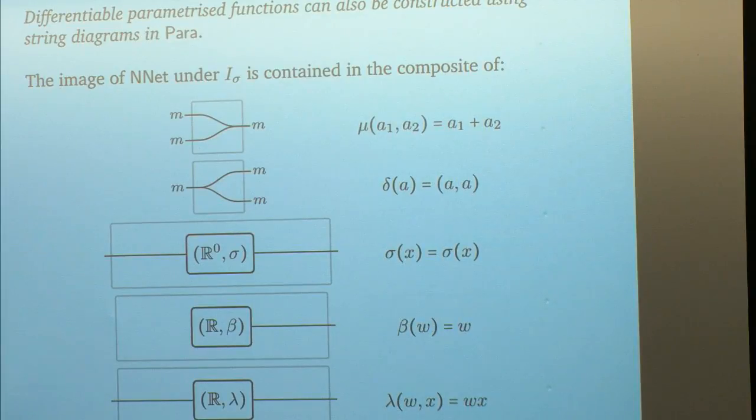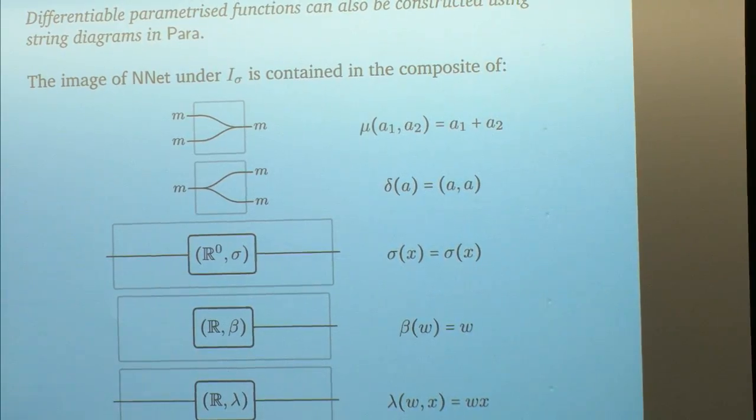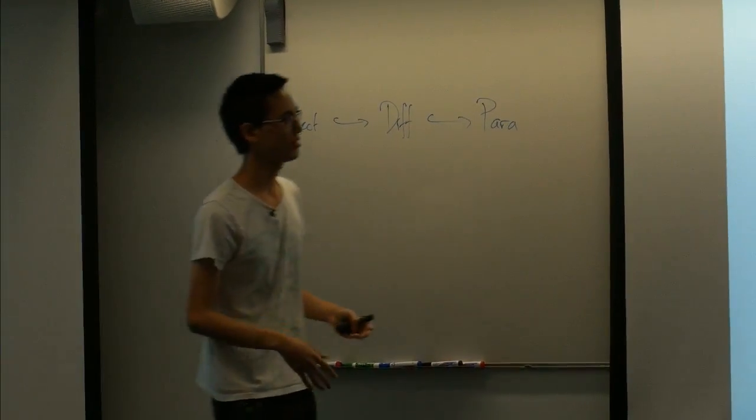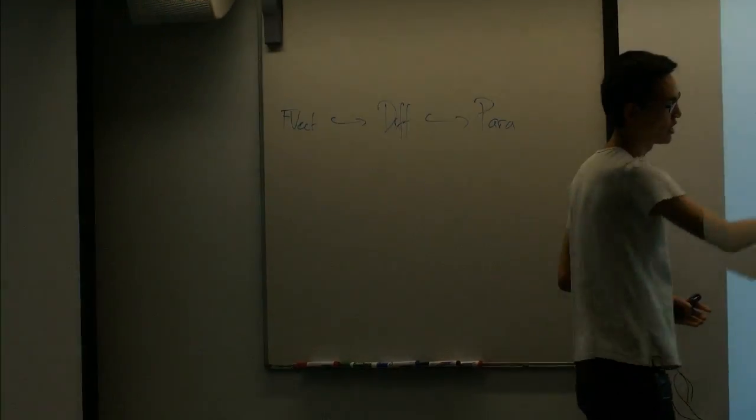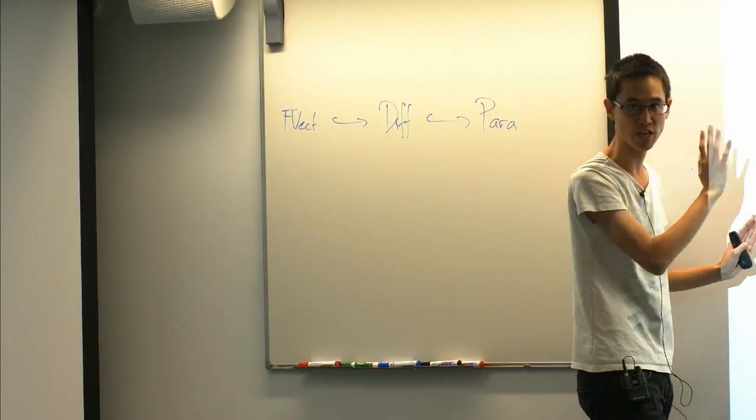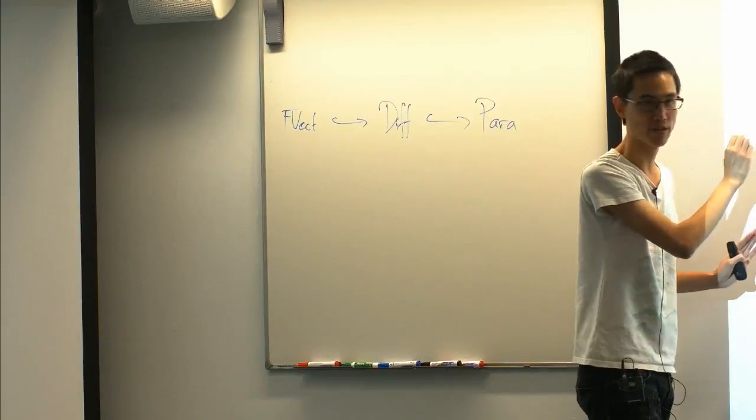And since every object here is equipped with a canonical bimonoid, with the multiplication given by addition and the comultiplication given by copying, this structure is transferred to Para. So one thing this allows us to do is define these primitives here. Before I was drawing string diagrams in Set, now I'm drawing string diagrams in Para.